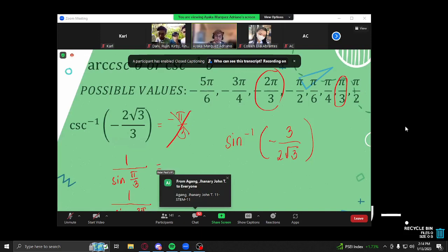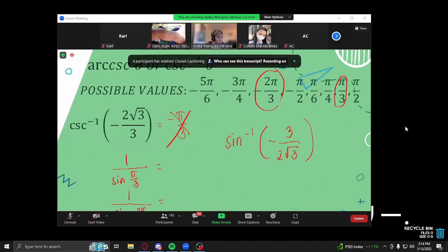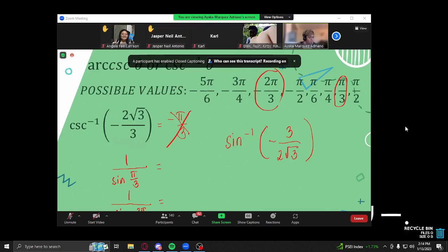So applying the reciprocal, which is cosecant, can you give me the exact value of 1 over sine pi over 3?